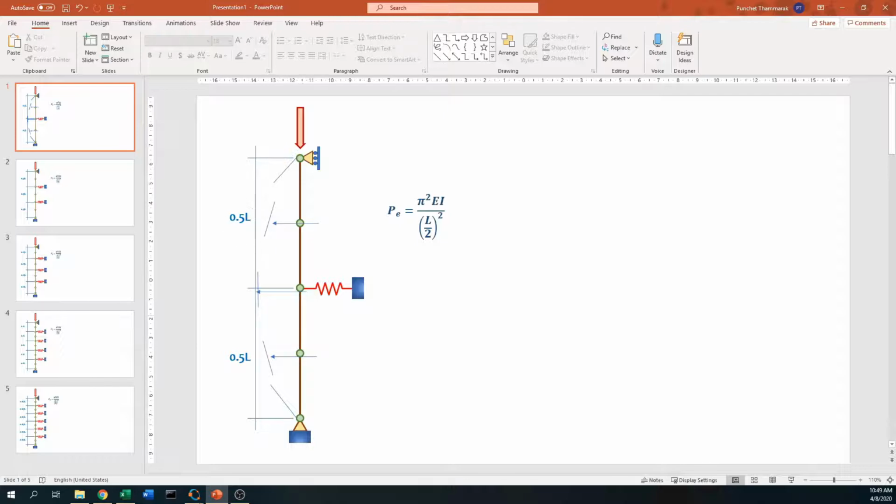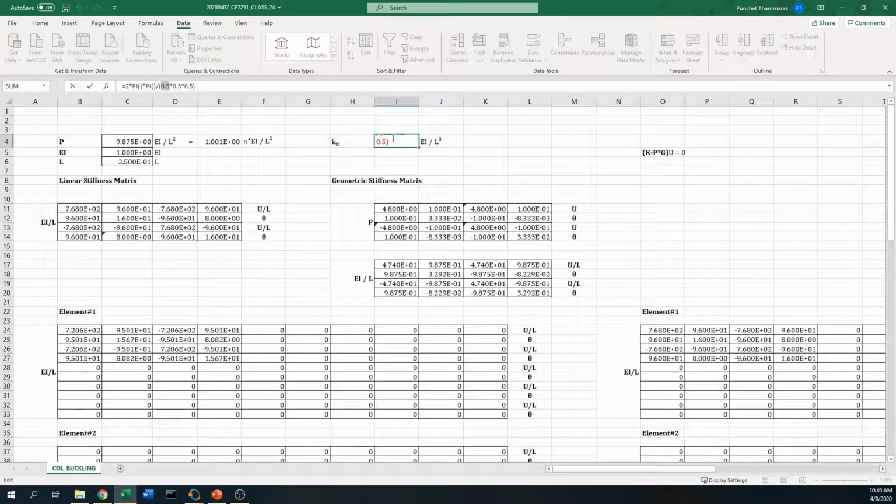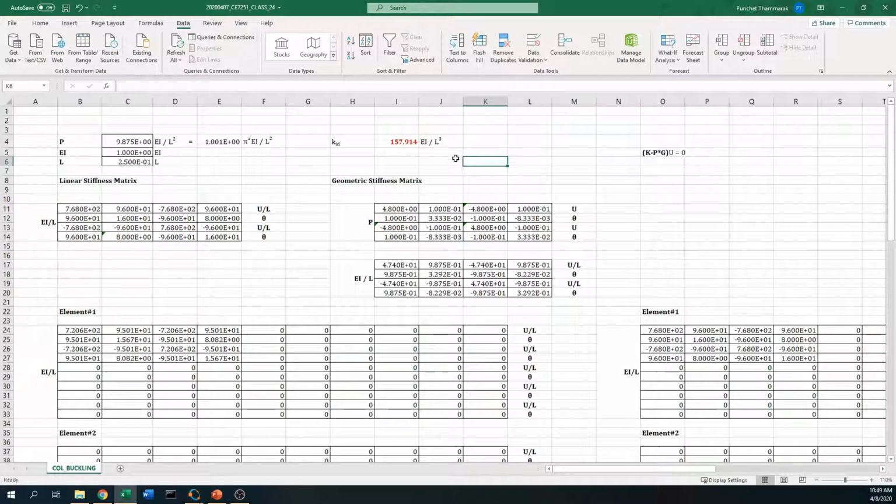So it turns out to be 0.5 L, so the L cube is down here, and we get 157 times EI over L cube. So once we put the spring stiffness to this much, we must be able to achieve the load PE, which equals 4 pi square EI over L square. Okay, you got it, right?